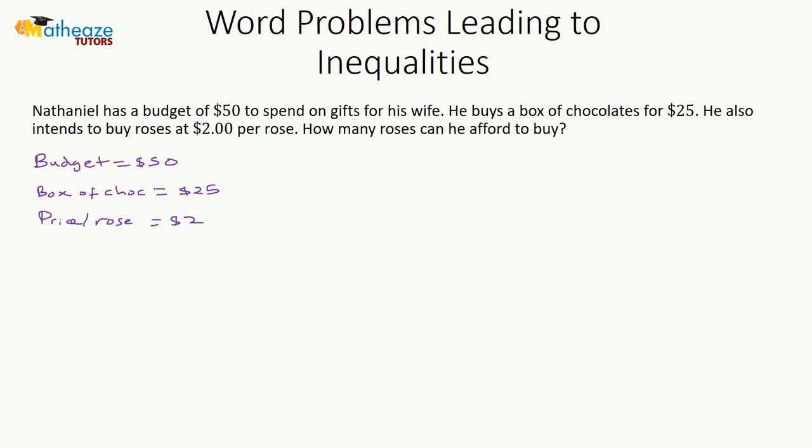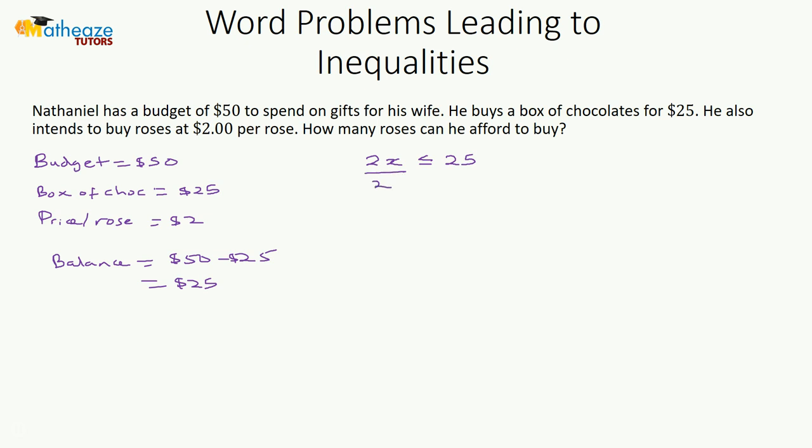So he has $50 but spends $25 on chocolates. So balance is going to be $50 minus $25, which gives us $25. Now he wants to spend $2 per rose. Okay, so we have $2 per rose, 2x less than or equal to 25.